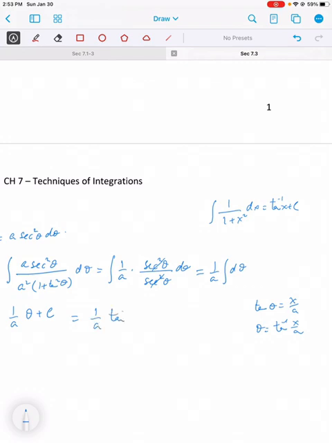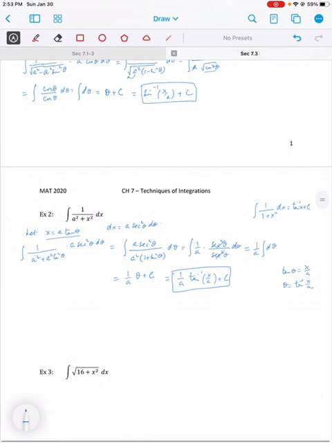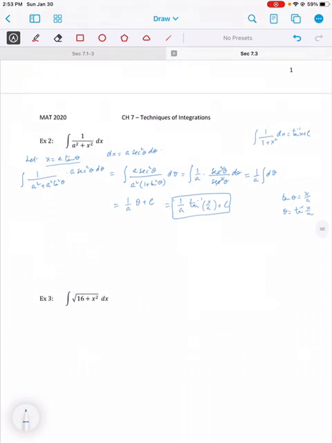So we have 1 over a tangent inverse of x over a plus c. So the difference now here, in the previous case we didn't get a 1 over a in the front, but now we have a 1 over a in the front. So this is how you will be doing the trig substitutions.